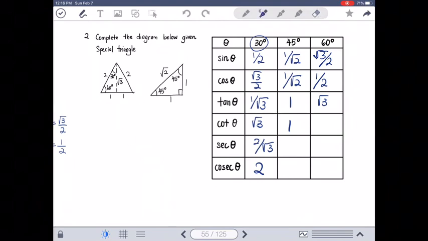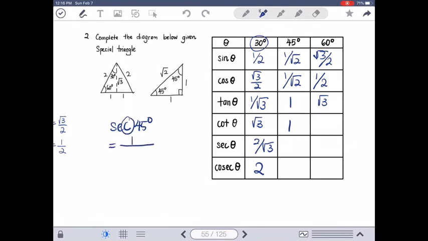How about sec 45 degrees? The third letter is C, so it is 1 over cos 45 degrees, which is 1 divided by 1 over square root of 2.